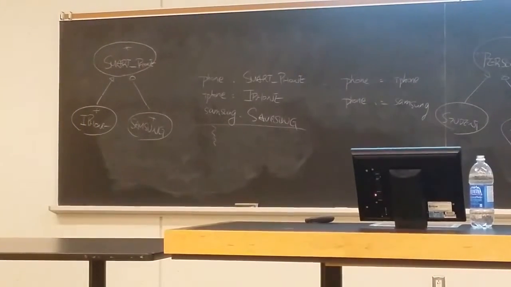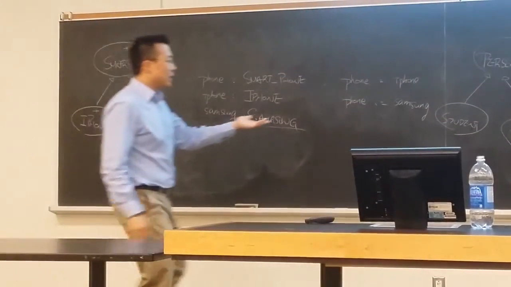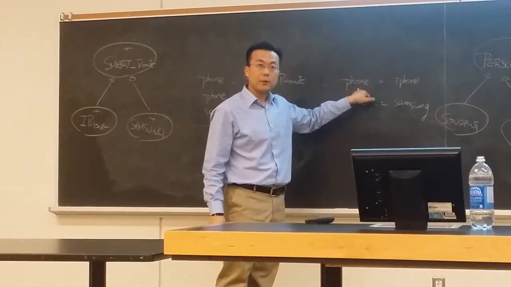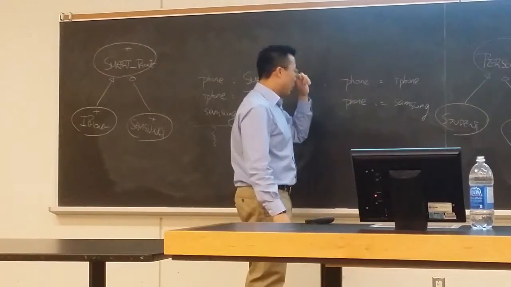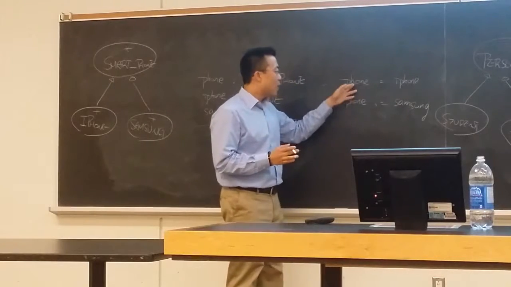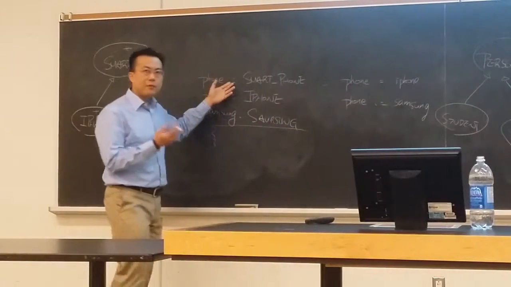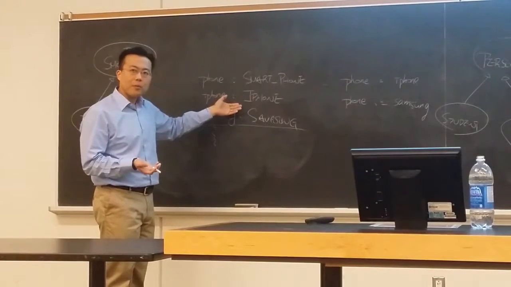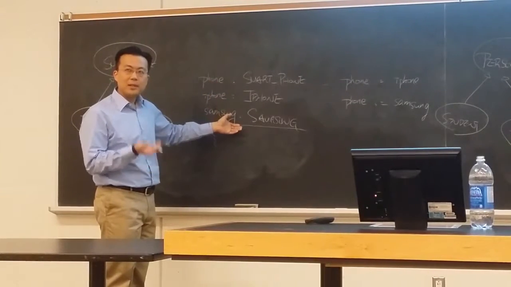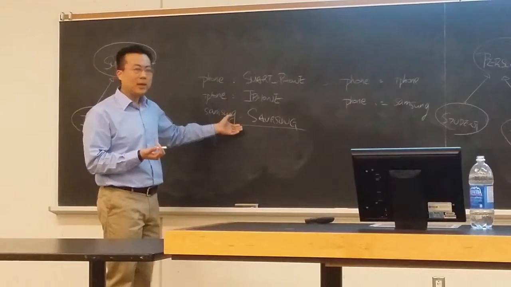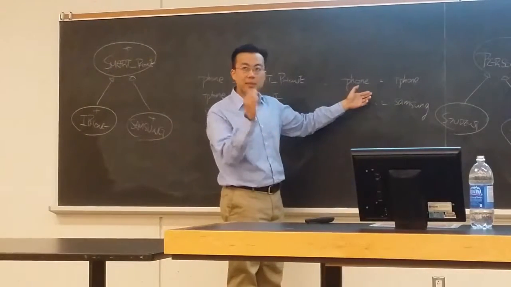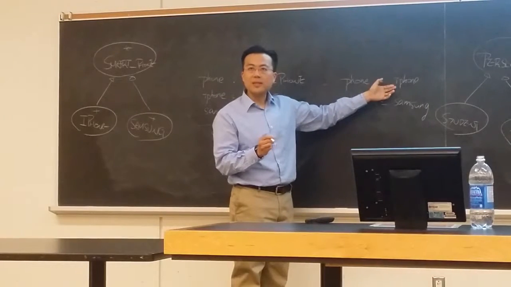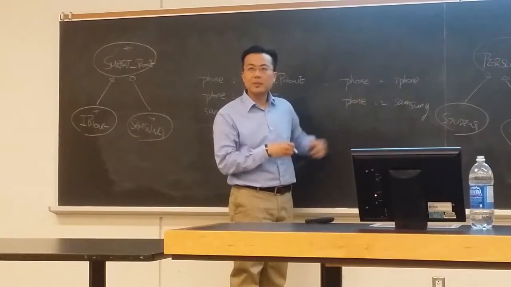Yeah, they would, right? Because we're trying to assign something that's more specific to something that's more general. Agree? So what does that really mean? Now I simply just want a smartphone. It doesn't matter if you give me an iPhone or a Samsung, as long as they're both smartphones. So somehow I can substitute a Samsung for iPhone in this case. That's what these two assignments really mean.